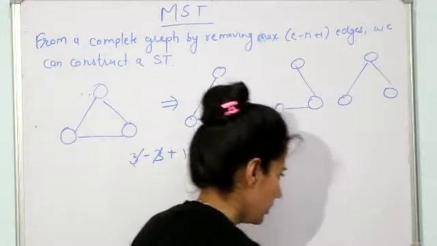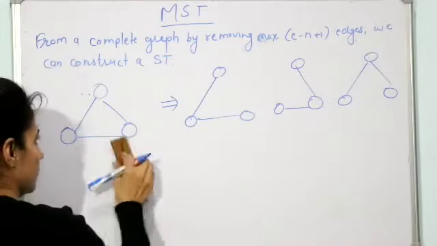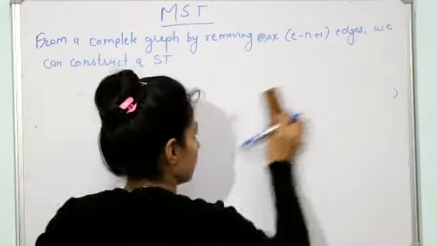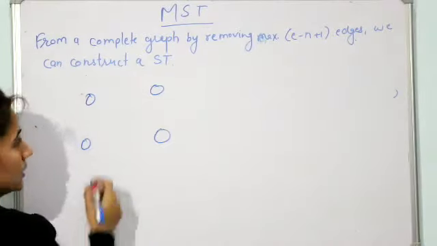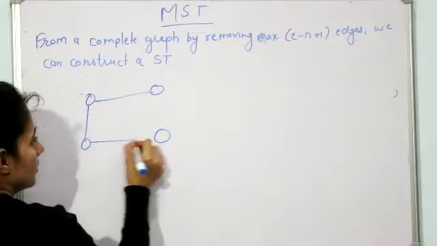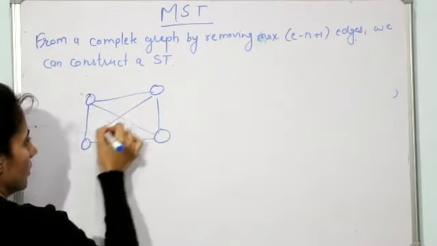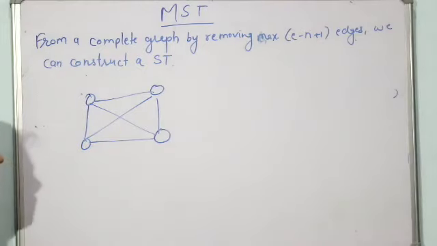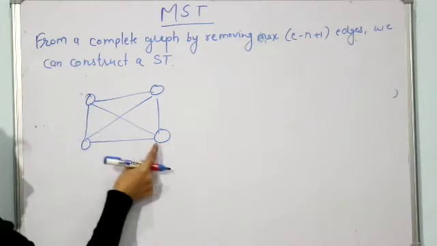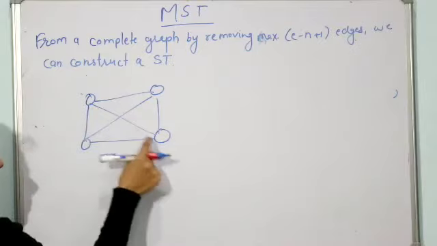So you can check this property with a complete graph having 4 vertices, this one and this one. This is a complete graph, because every vertex is connected with every other vertex. This one is connected with this and this.